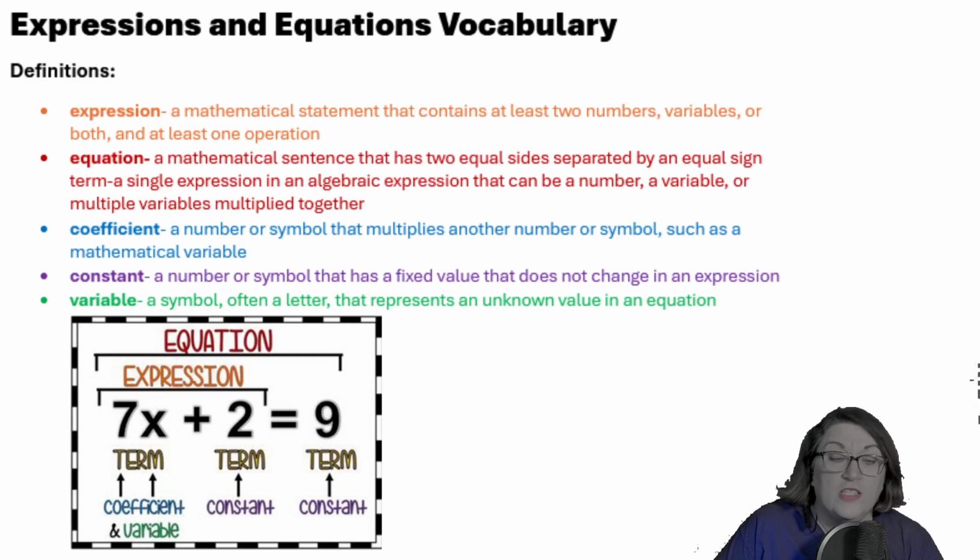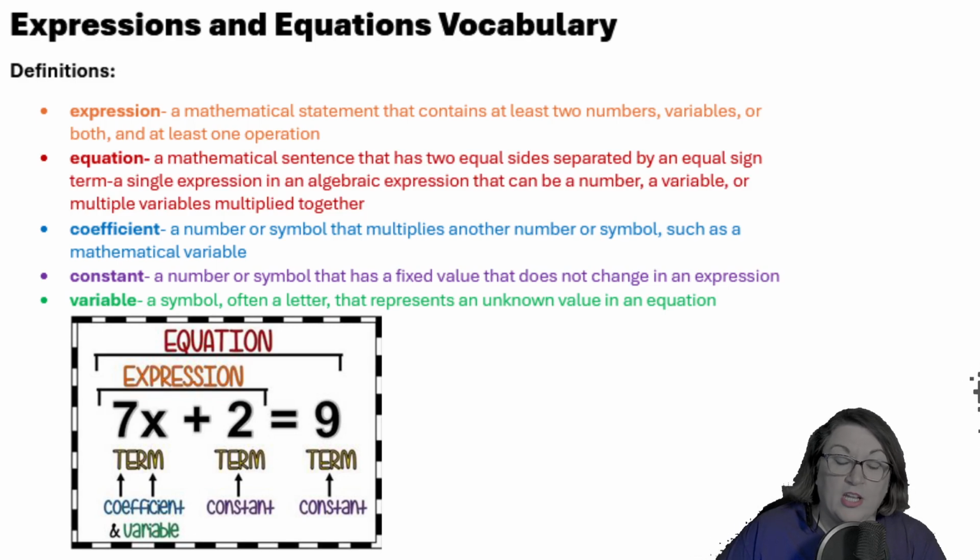And also terms, that's another definition that we probably should have added to this, but terms are the different parts of the expression or the equation. For instance, the 7x is a term, the 2 is a term, and the 9 is a term. They're often separated by operators like plus, minus, divide, multiply, or symbols like equals or inequality symbols like greater than, less than.